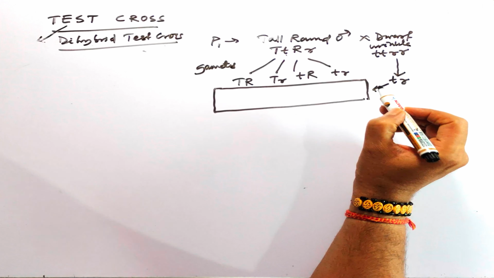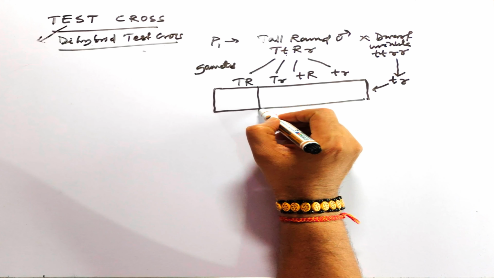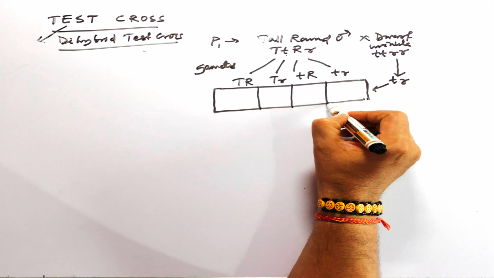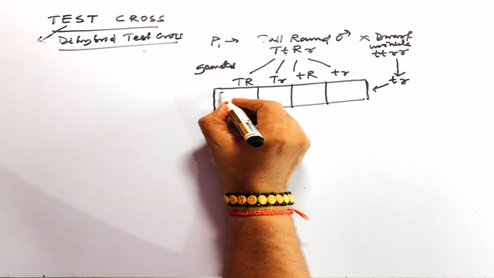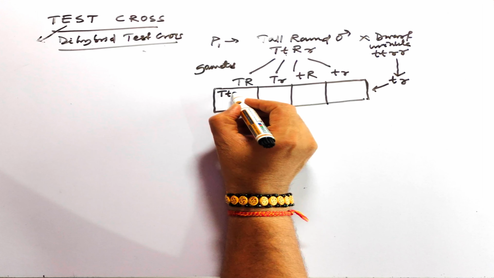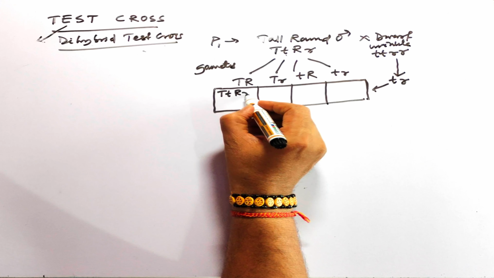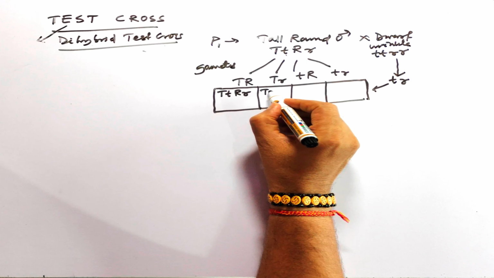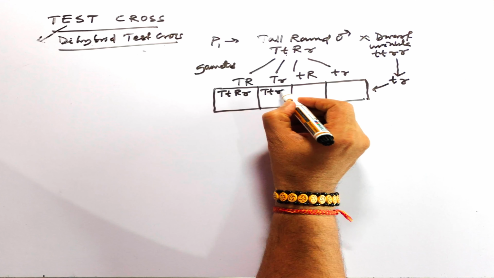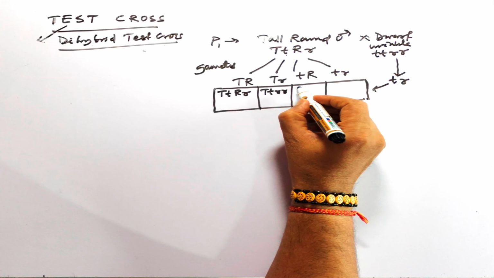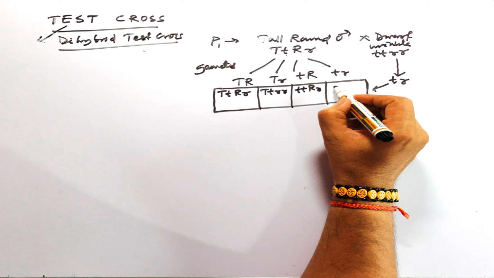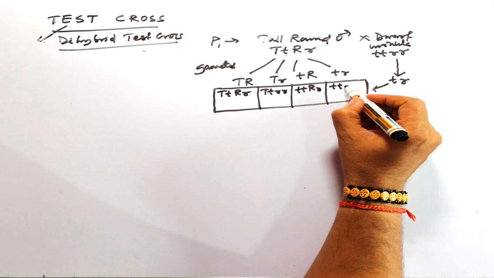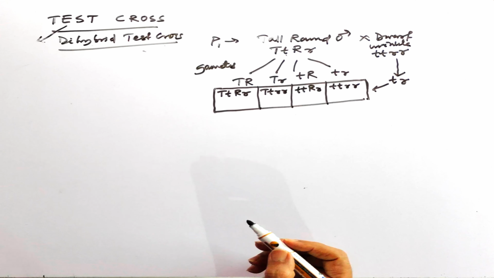This will fuse with this to produce capital T small t, capital R small r, then capital T small t small r small r, then small t small t capital R small r, and small t small t small r small r.